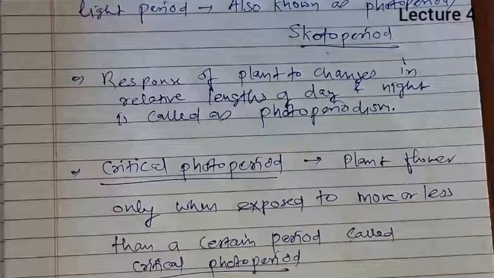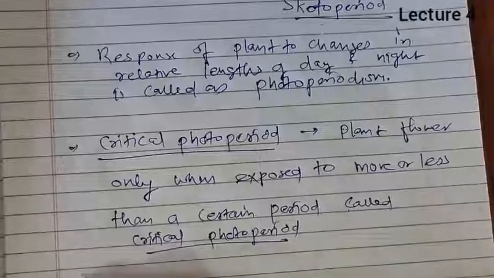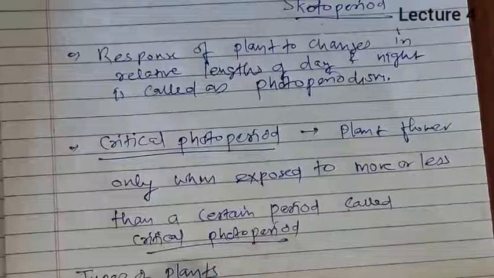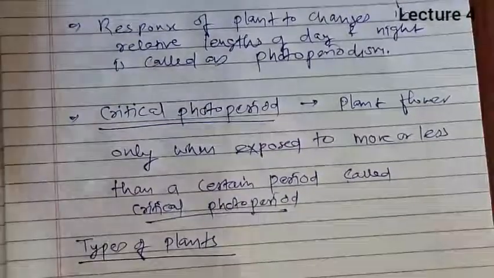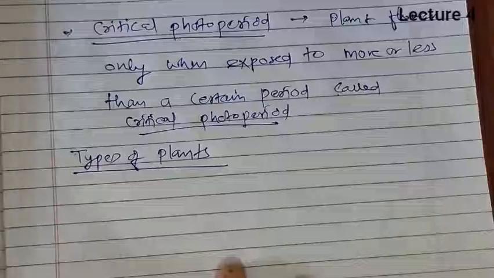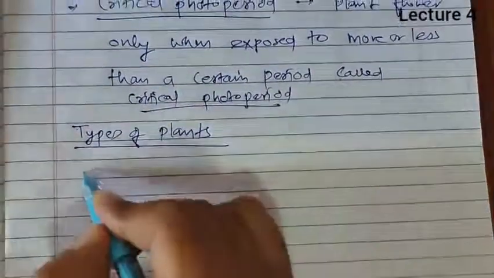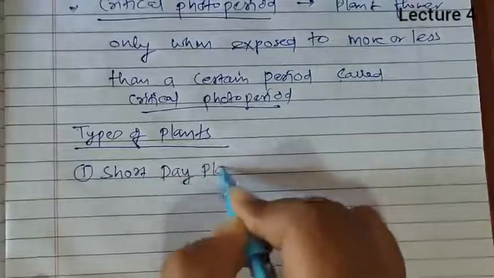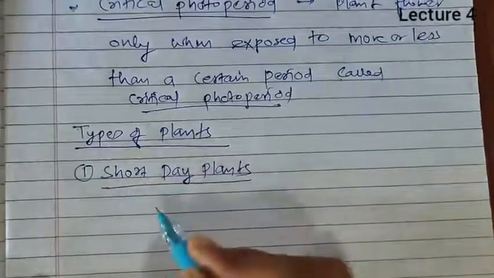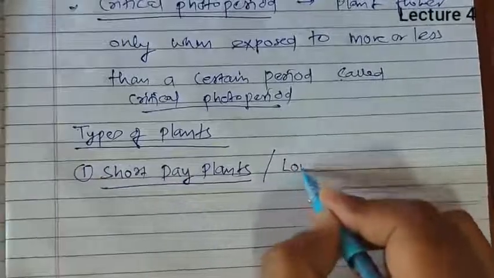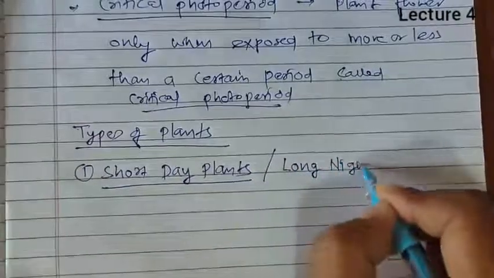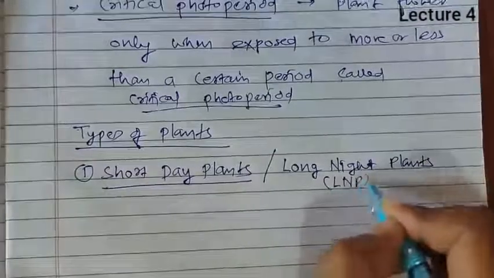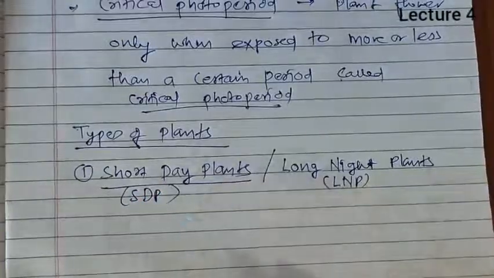So according to the photoperiodic requirement of plant, next we are going to discuss types of plants. And when we discuss the different types of plant, first we talk about short day plants. Short day plants can also be called as long night plants.